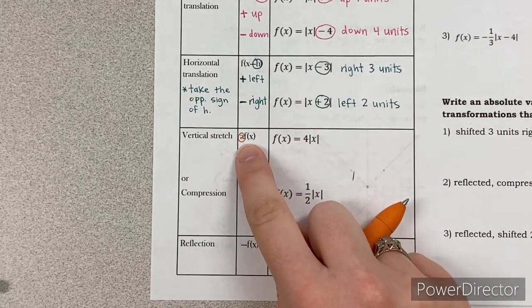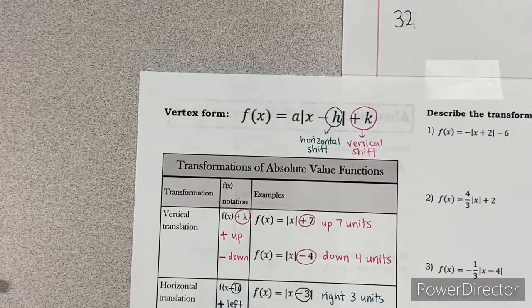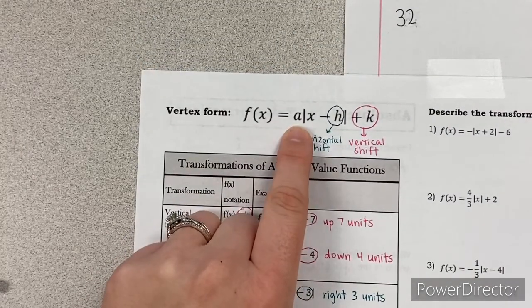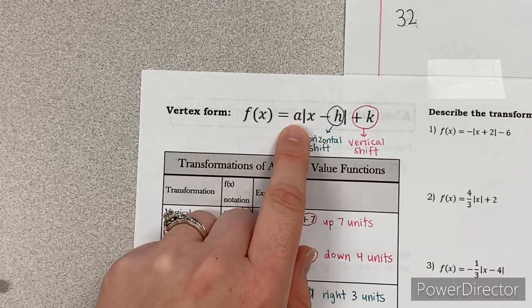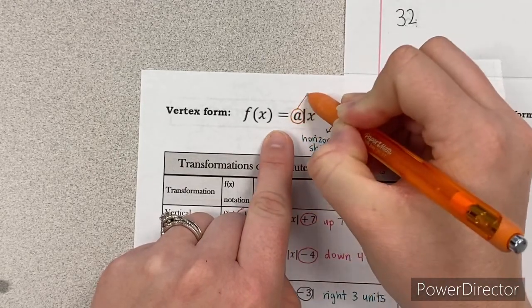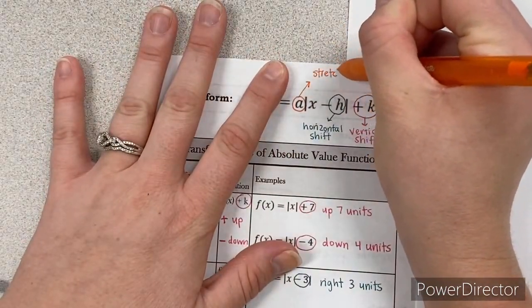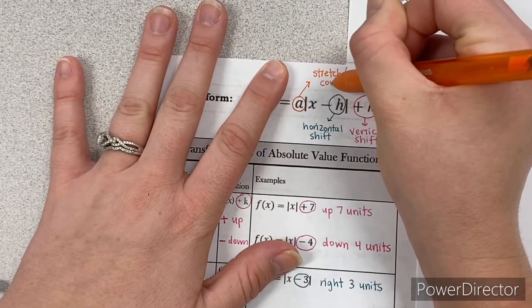It's going to be that A value. So up here in our vertex form, that A is always going to be the number out there in the front of the absolute value bars. So this is going to be my stretch or compression.